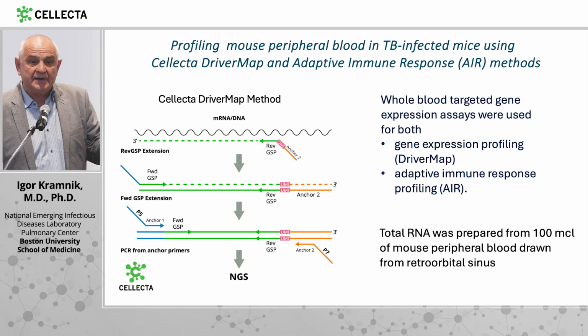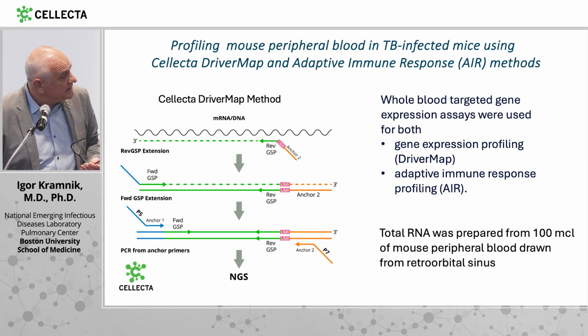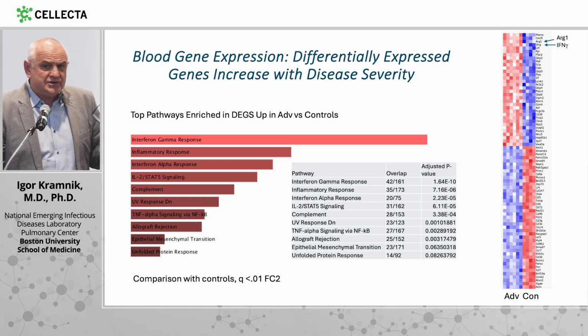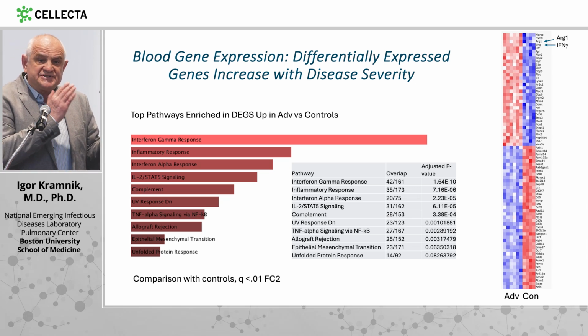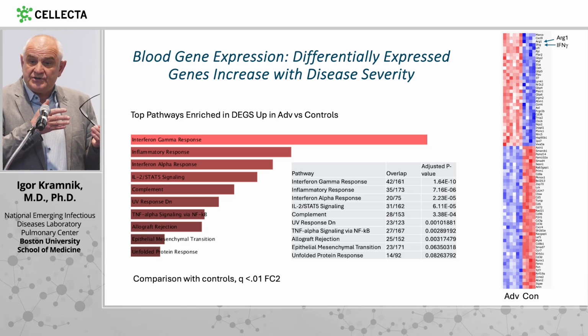Every 2 weeks, we collect blood from the mice, and we perform gene expression profiling using this gene-specific transcriptome that Alex presented. And here are the results. So as I showed before, we classify all the mice based on the stage of their pulmonary TB progression, based on their pathomorphology and bacterial loads, into 4 stages.